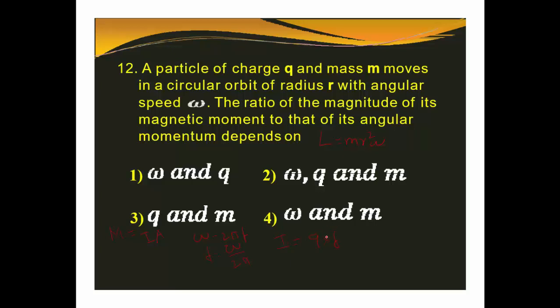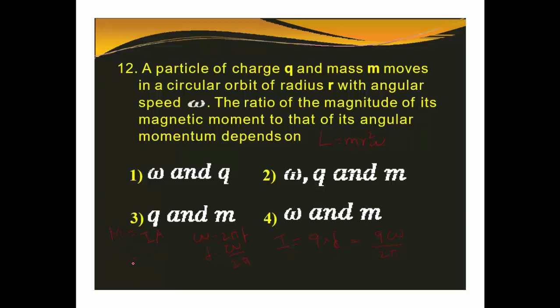For one circular orbit, the current produced will be q into f, charge into frequency. Substituting the f value, omega by 2 pi, I get current as q omega by 2 pi.